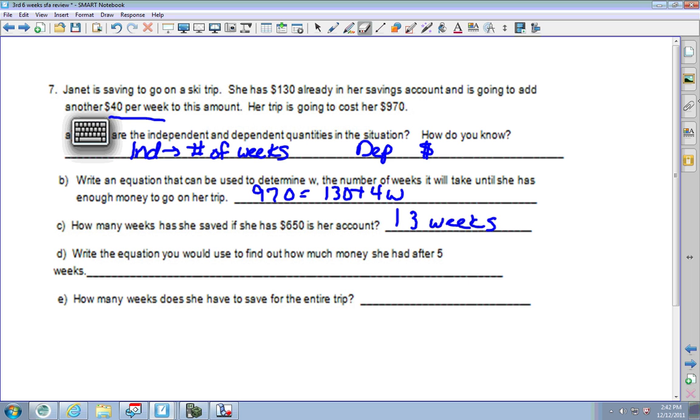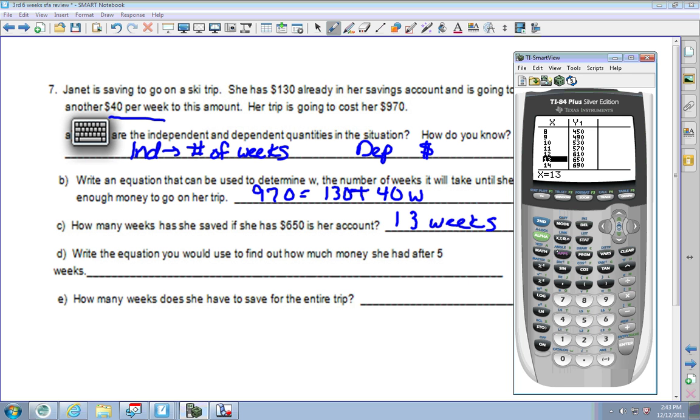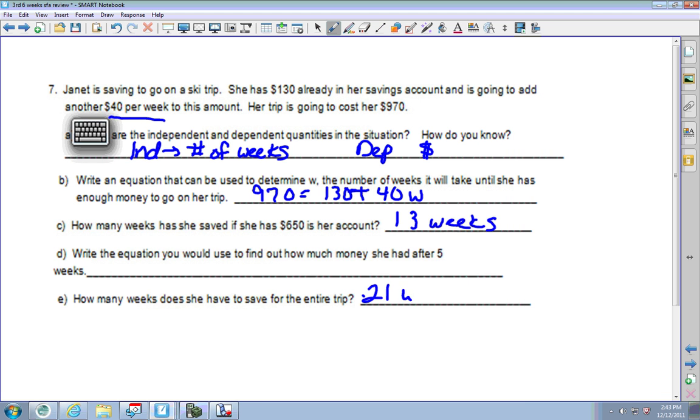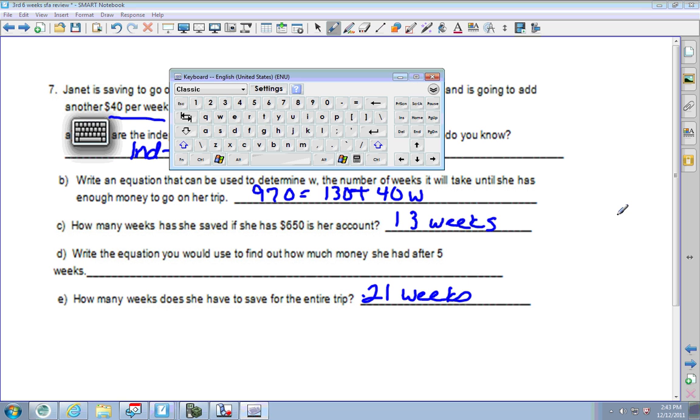Oh, I guess I wrote 4W and it should be 40W. I would use the same one. Let's go down here to how many weeks does it take her to save for her entire trip. If I go down here and look to see where y is 970. Whoops, I missed it. It would be 21 weeks.